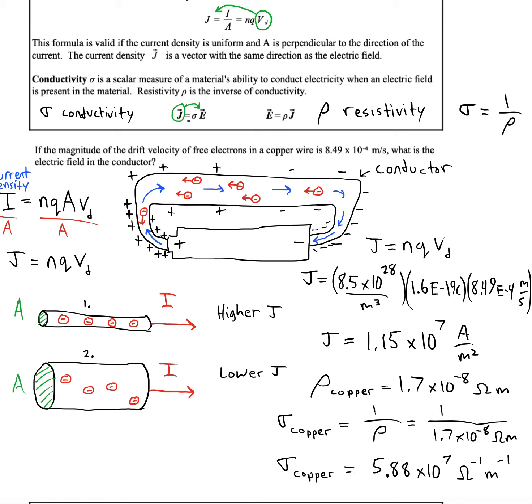All right, now let's find the field using either the first formula or we can use this one. Since this second one is solved for field already, I think I'll use that one. We have both the conductivity and the resistivity, so we could use either one. I'll plug in my resistivity for copper.